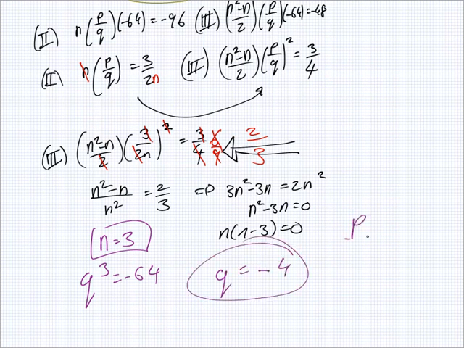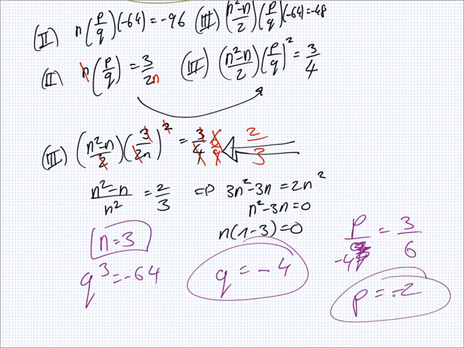And now I can use the fact that, what did I say, p over q equals 3 over 2n. And 2n is 6, and I know the q is minus 4. So the p will be a half of minus 4, which is minus 2. Yes. n is 3, q is minus 4, p is minus 2.